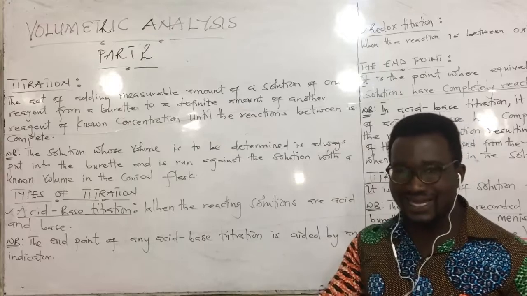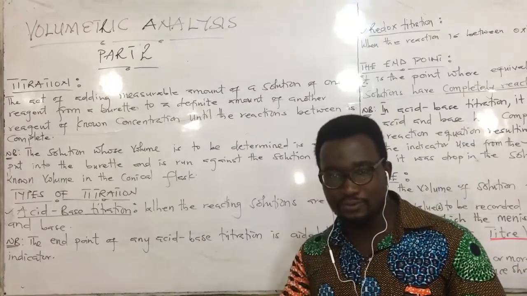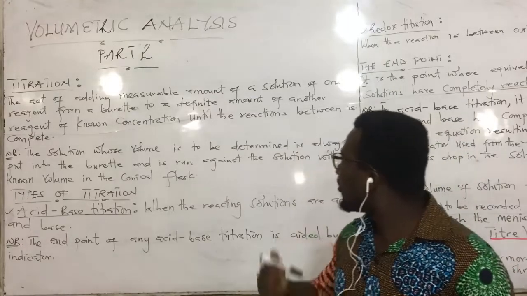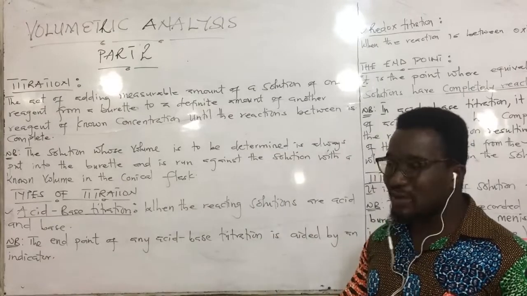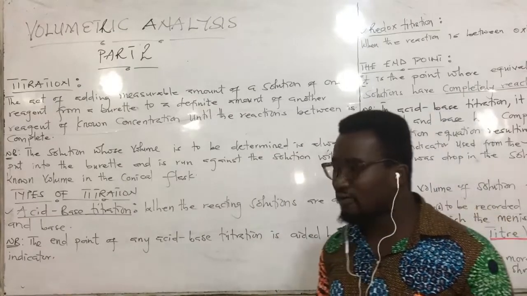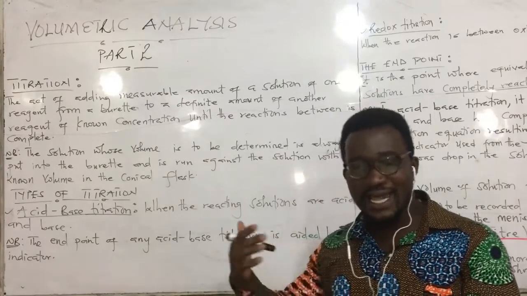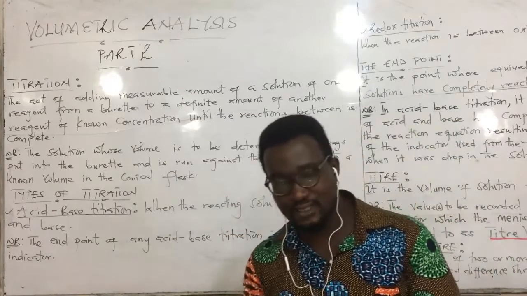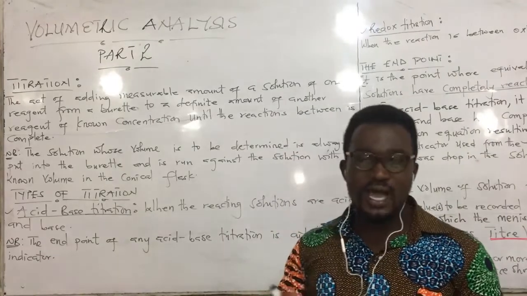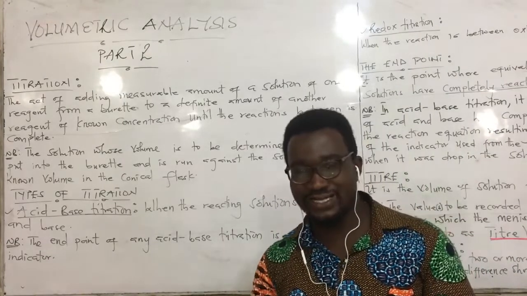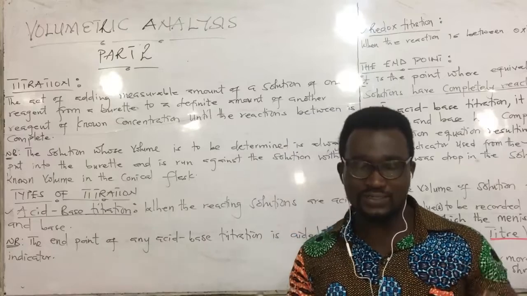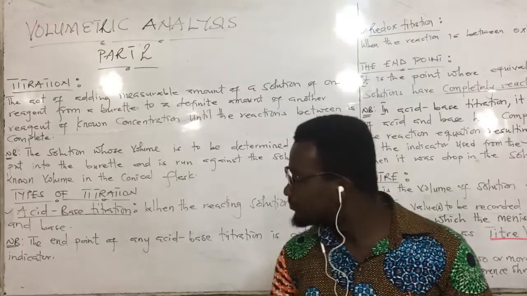So we are going to look at an act, which is also a process, where we add measurable amounts of solution from one reagent placed in a burette, and then the other one in a conical flask. Now we are going to titrate until the reaction between them is fully complete.